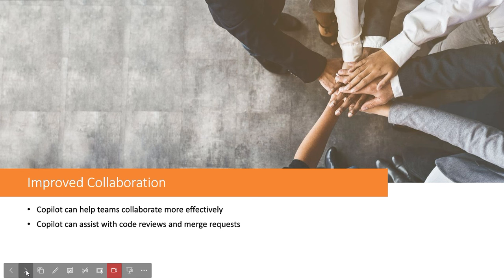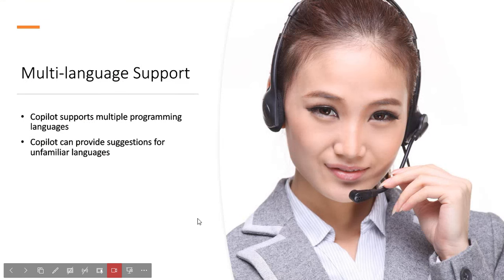So just moving on to the next one. Copilot can help teams collaborate more effectively by assisting with code reviews and merge requests. With its real-time suggestions and feedback, Copilot can help streamline the code review process, reducing the risk of errors and conflict. So multi-language support.